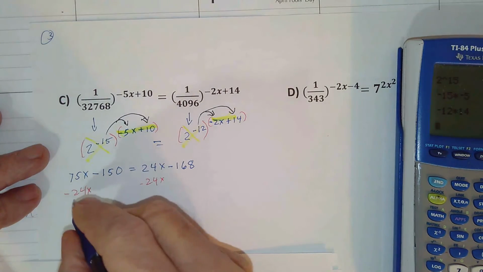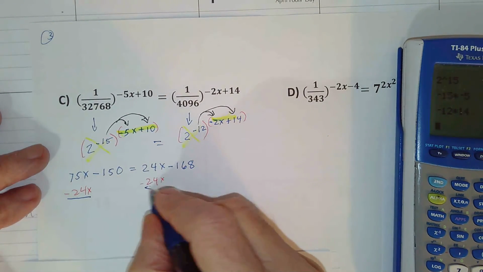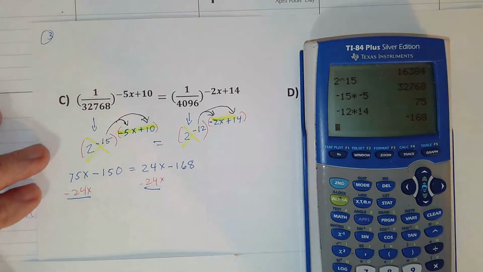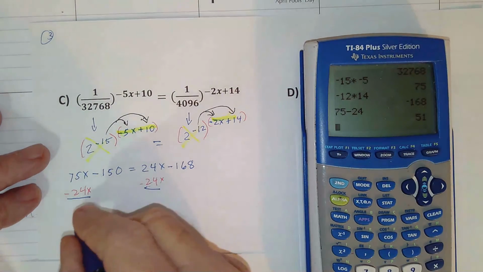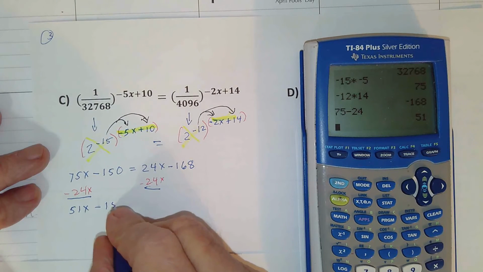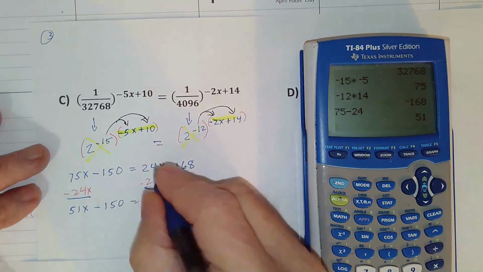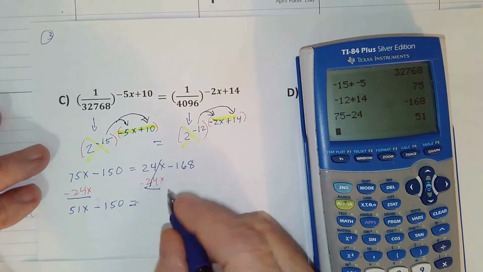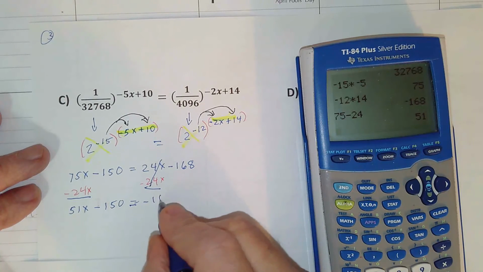And that's going to give us, let's just do 75 minus 24. So that's going to give us 51 x's minus 150, and that equals, this 24x and negative 24x are eliminated, negative 168.